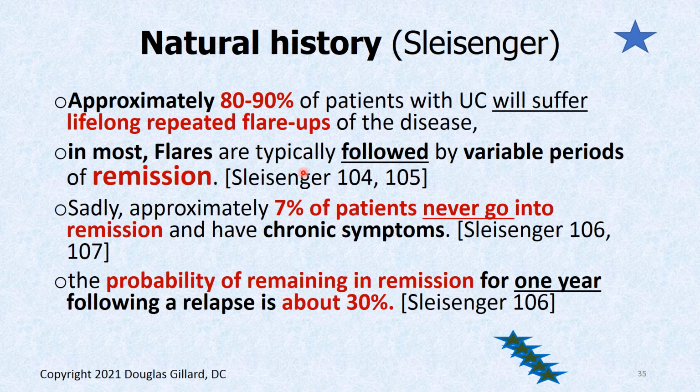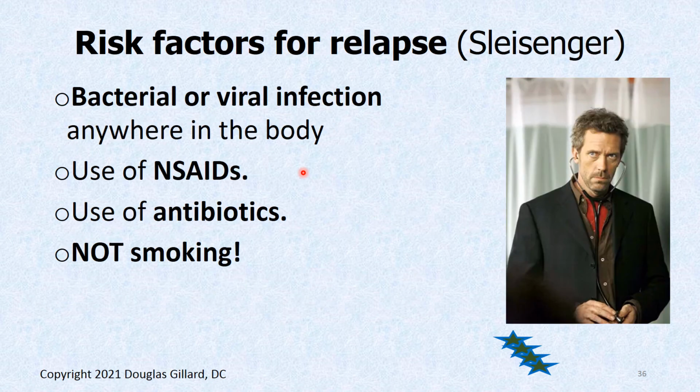The remissions are usually short-lived, a couple months, 3 months, 6 months. The probability of having a remission for 1 year, which would be wonderful, is only about 30%. So definitely a history of remissions and flare-ups, and remission and flare-ups.